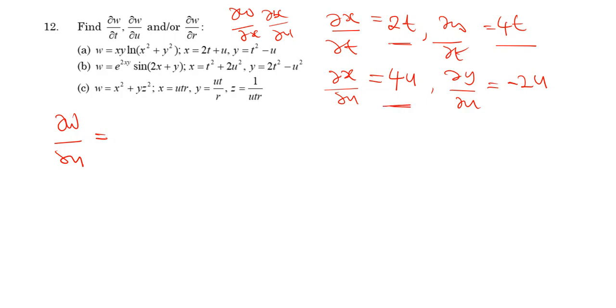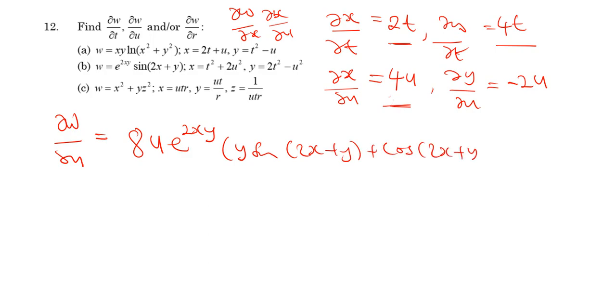But remember in the first one I had a 2, so the 2 multiplied by the 4 gives me 8. So this will be 8u e to the 2xy, then the y sine 2x plus y, plus the cos 2x plus y. Then you're adding, but look, there's a negative here, so when you multiply by that first thing we found, the partial of w, partial of y, you get a negative.